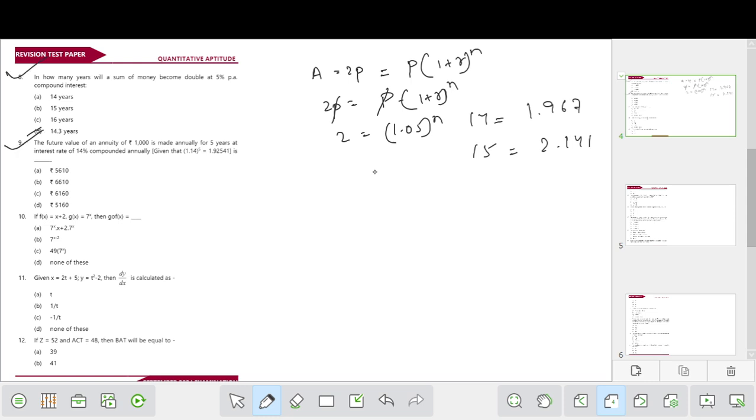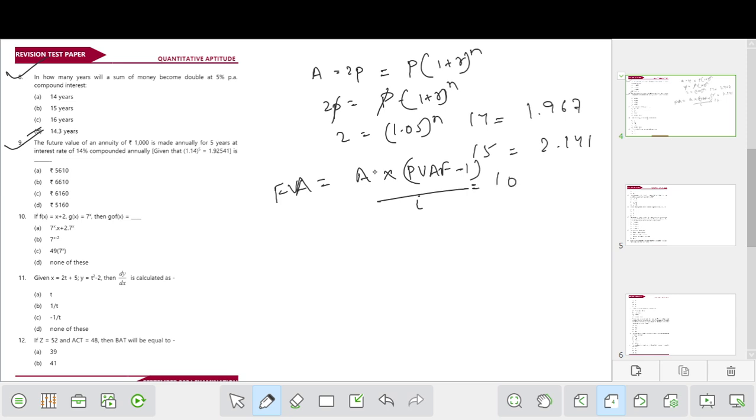The future value of an annuity is 1000 and is made annually for 5 years at the interest rate of 14% compounded annually. Now what is the future value of the annuity? That is annuity into PVAF, that is present value of annuity factor, minus 1 divided by i.